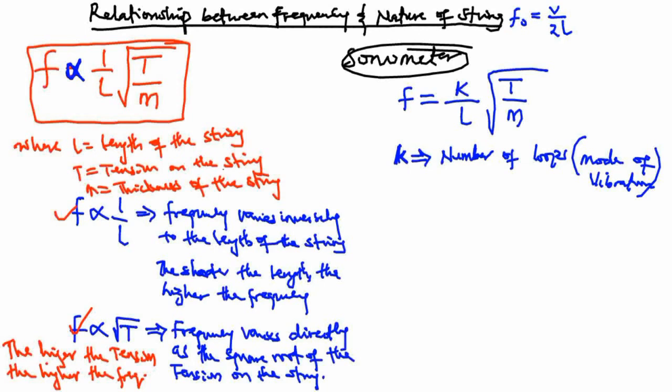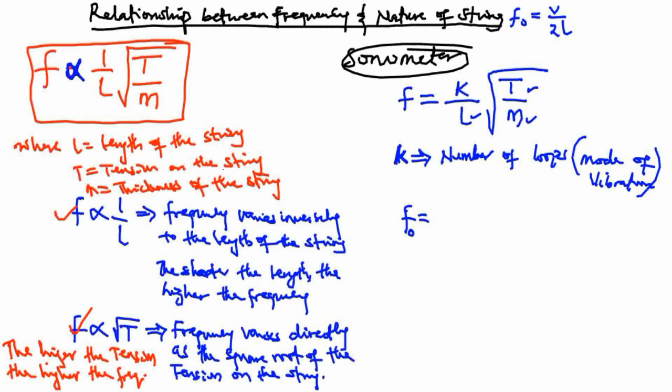If that be the case, if we put that here, f will be equal to f naught. At this point, we're not just considering the velocity of the wave. We just generally want to look at the nature of the wave. These things are the features of the wave, or the parameters of the wave, or the nature of the wave.